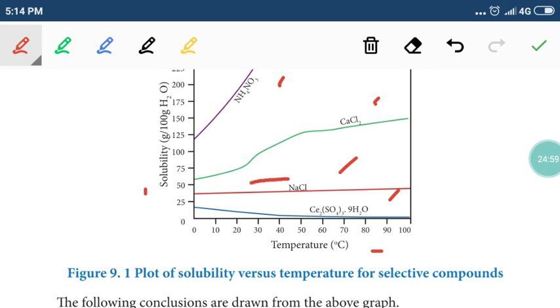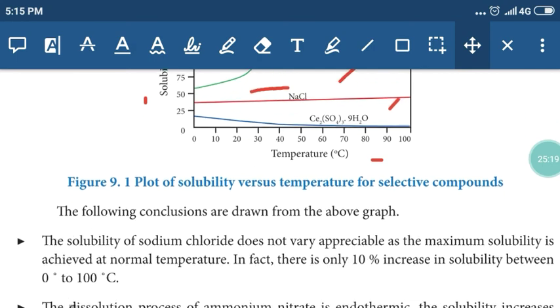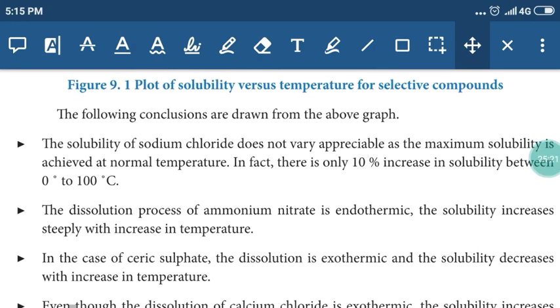There is not much variation in the solubility when temperature increases from 0 to 100 degrees Celsius. There is no appreciable increase of solubility. A maximum of 10% solubility increase for sodium chloride, because it reaches maximum solubility at ordinary temperature.